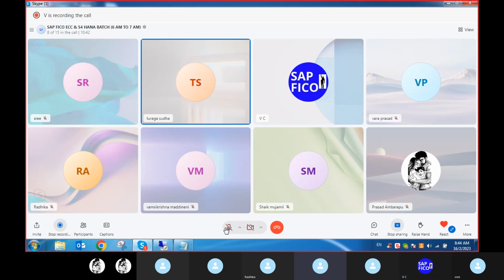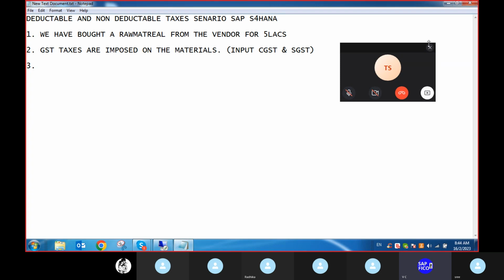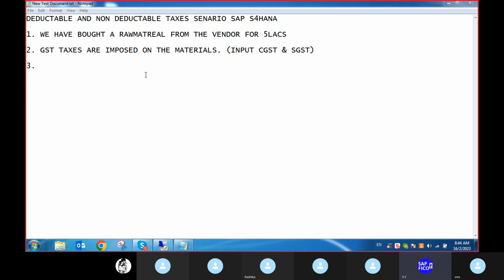Very good, exactly. So go to that notepad. The entry will be: raw material inventory account debit, 5 lakh.